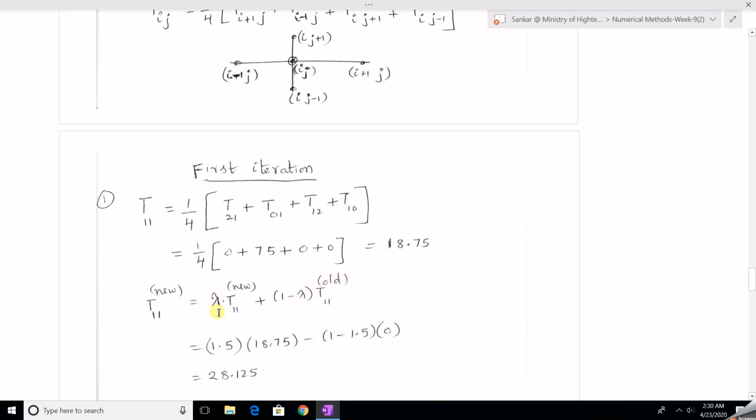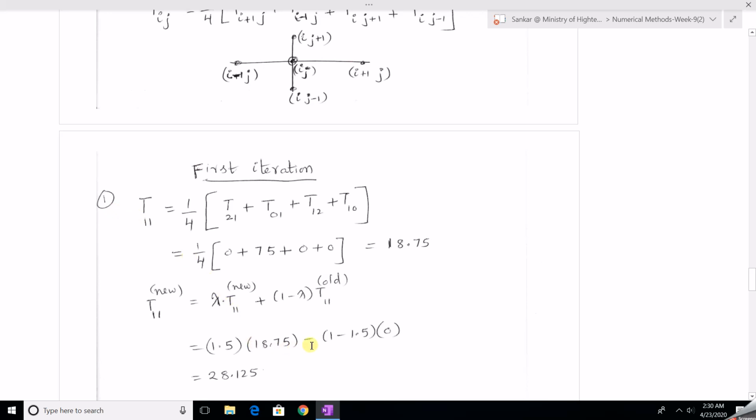Lambda is given as 1.5 in the problem, so we put that value. The new value of T11 is what we just got, 18.75.